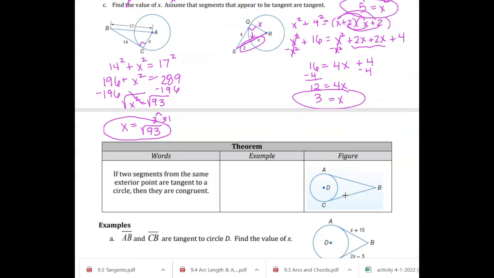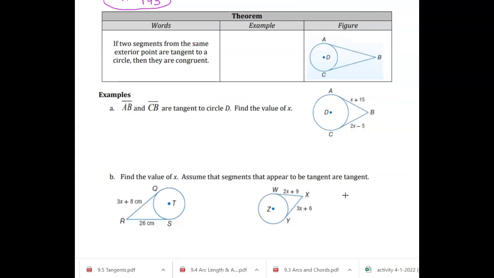Okay. All right, our next theorem, this one's pretty popular. It says that if we have this external point, B, from a circle, and then we have tangent BC and tangent BA drawn from B, then these two tangents are actually congruent.